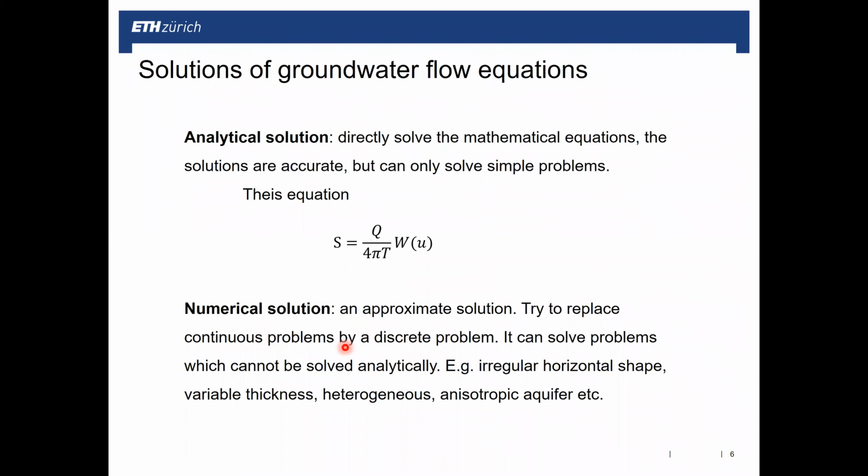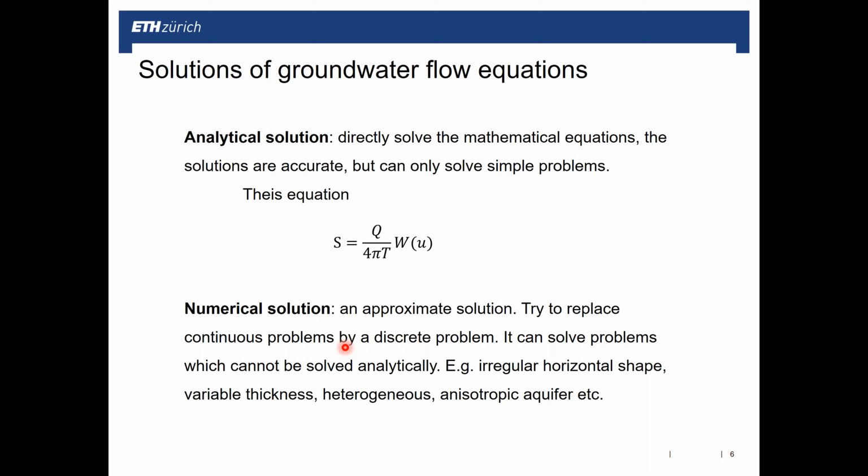So the solutions of groundwater flow equations are of two kinds. First, the analytical solution. This will directly solve the mathematical equations with the initial condition and boundary condition. And these solutions are really accurate, like the Theis equation, which we use in hydrology. This is a typical analytical solution.